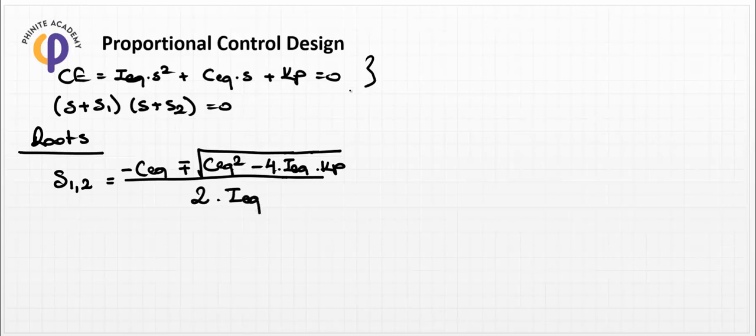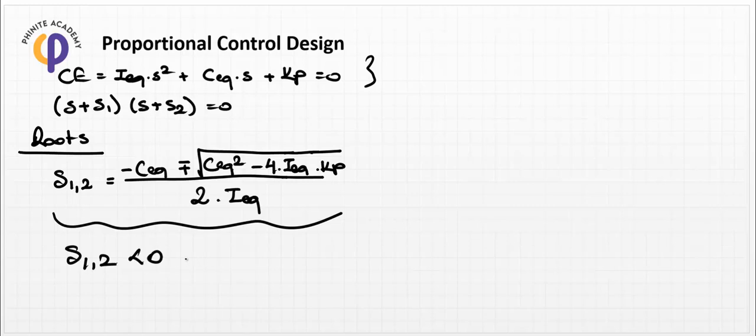This is the standard solution of the second-order system. If s1,2 is smaller than 0, then the system is stable, or reference tracking is achieved.